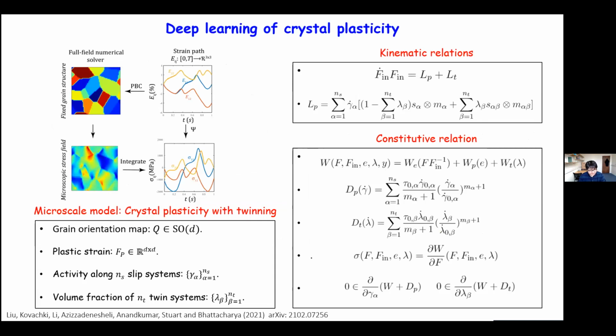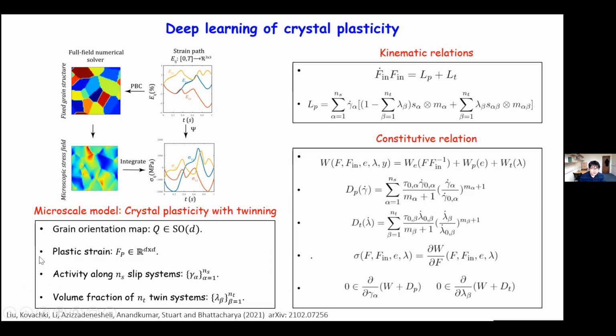So with this, we test this idea against something called crystal plasticity. This is a popular model for polycrystalline solids, metals, at the grain level. The governing equations I've listed here are a bit complicated, but the important thing to remember is that in the microscale, we have four groups of state variables which are critical.